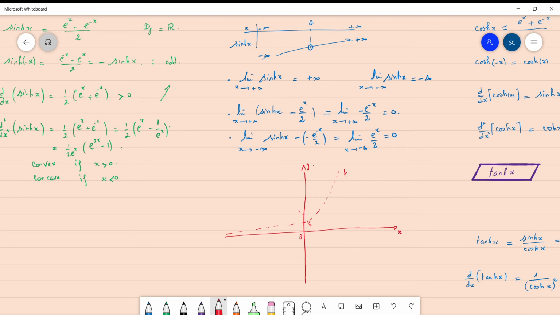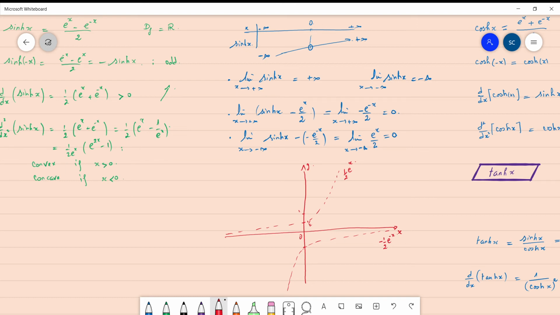The other one we can study and we get the following graph, this is minus half of e^(-x).